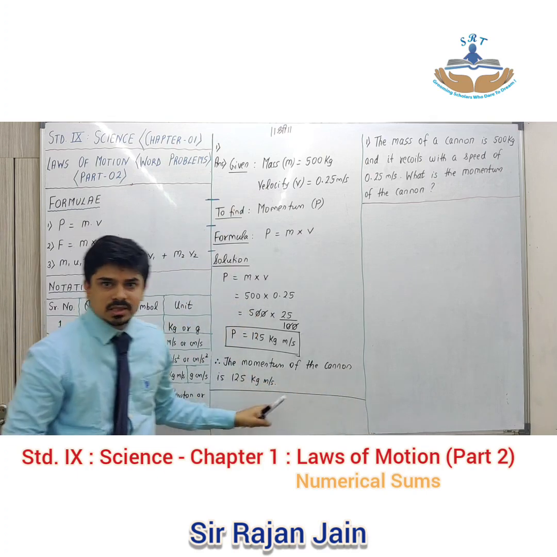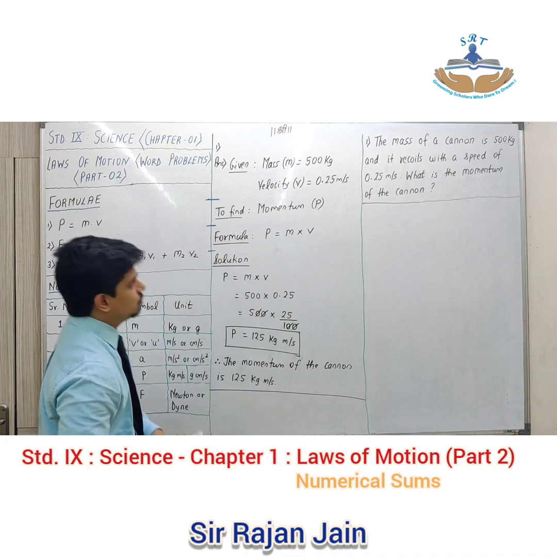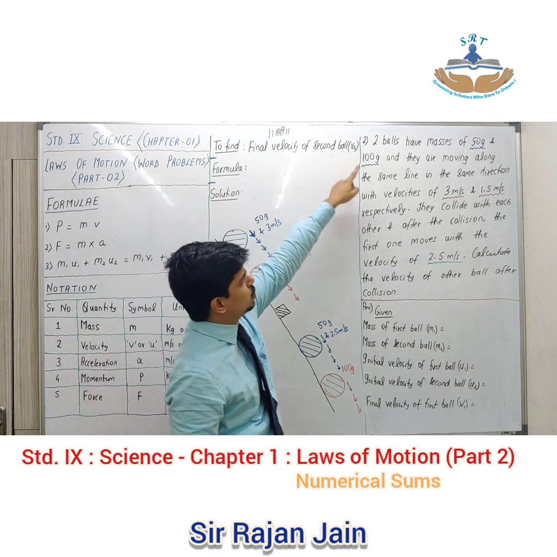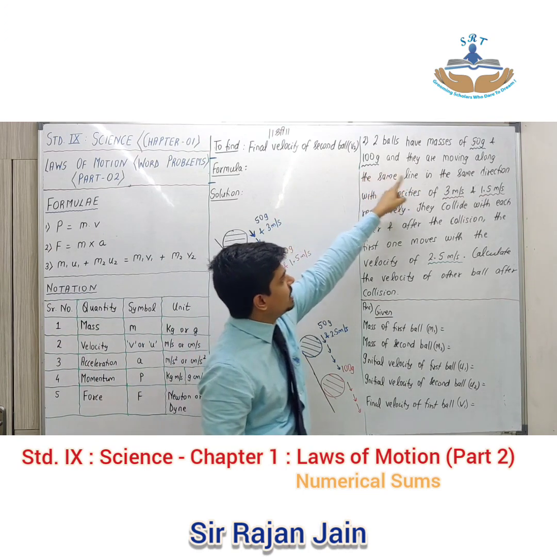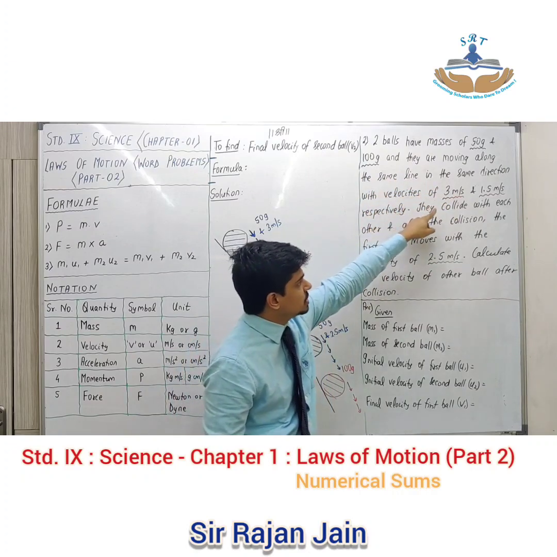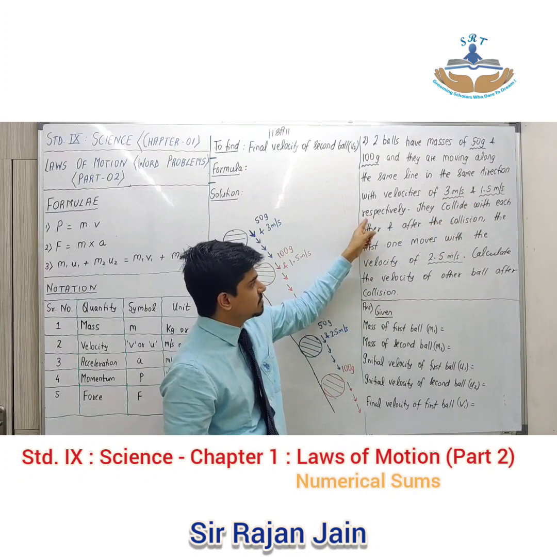Clear? This is the solution of your question number 1. Now let's go to question number 2. Now let's see what the question says over here. It says two balls have masses of 50 gram and 100 gram, and they are moving along the same line in the same direction with velocities of 3 meter per second and 1.5 meter per second respectively.